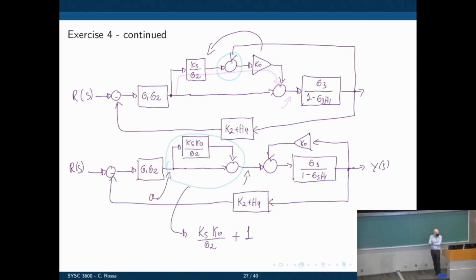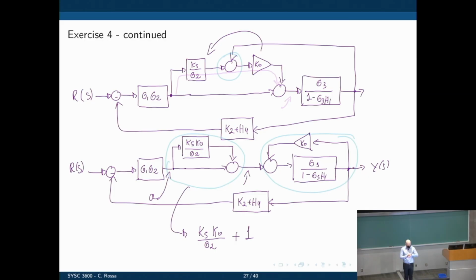Well, it's A plus A times K5, K6 over G2. Factor out A, it's K5, K6 over G2 plus 1. Next step, do this transfer function simplification over here. Combine the line, eliminate the last feedback loop, and that's the result.